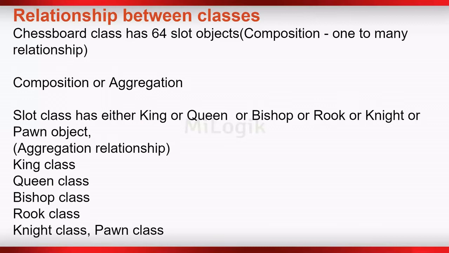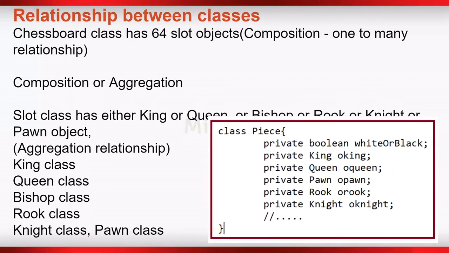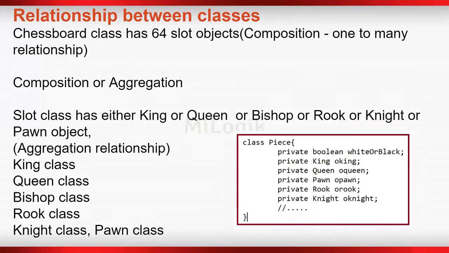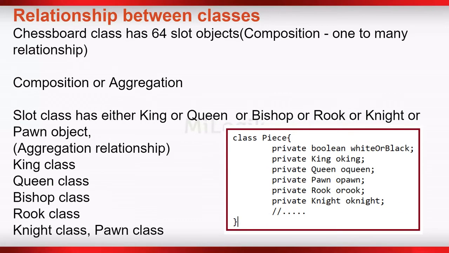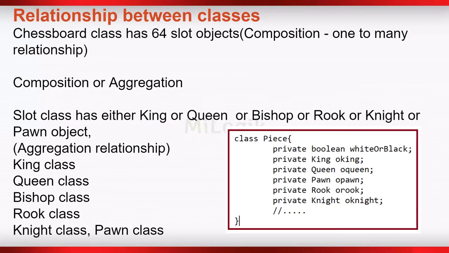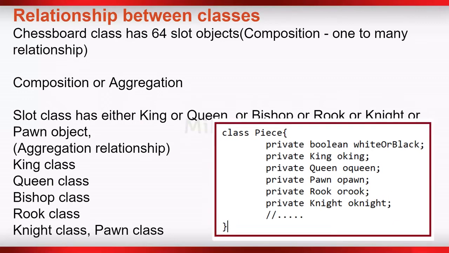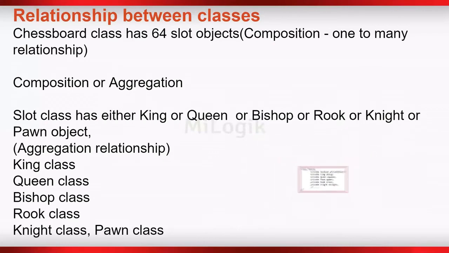As known, one slot can hold only one piece. So it can be either king or queen or bishop. It cannot be more than one. So how do you specify that? So what we need to do, we need to have a reference as king, queen, bishop, etc. And king need to be made null when there is a queen. And when there is a queen, so can it be improvised?